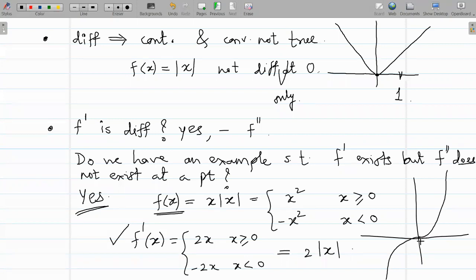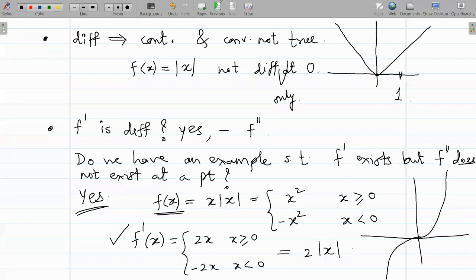It's a differentiable function at 0, x mod x. But f dash will have a graph similar to mod x. Only a factor of 2 is coming, so the angle will change. That's it. But the corner point will be there, and that's creating a problem. So this is a function differentiable once but not twice.